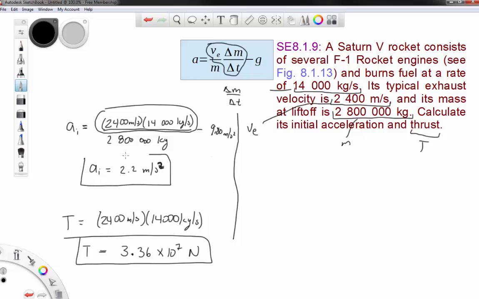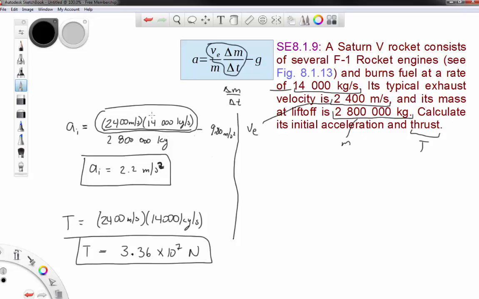Notice that if you're able to maintain a constant burn rate, as this mass begins to decrease, this number that goes in the denominator will start decreasing. Basically what I'm getting at is that in order to solve for the acceleration sometime later, you're probably going to need to use not only calculus, but in fact a differential equation.